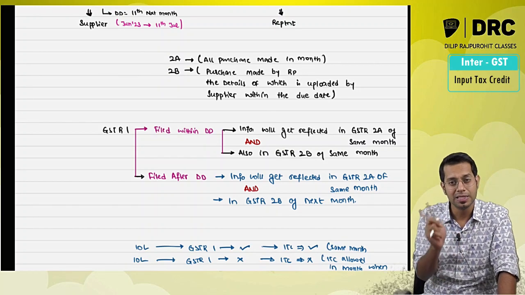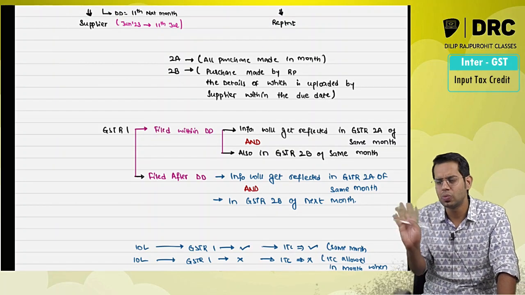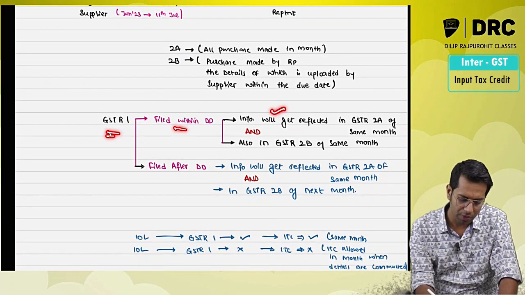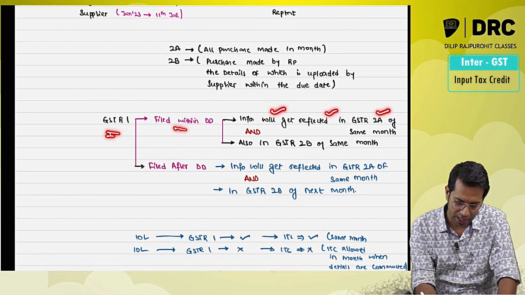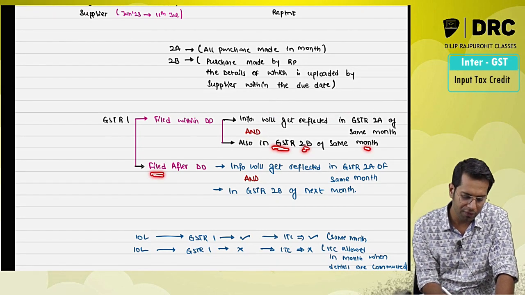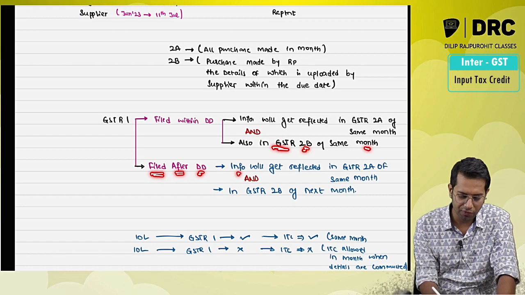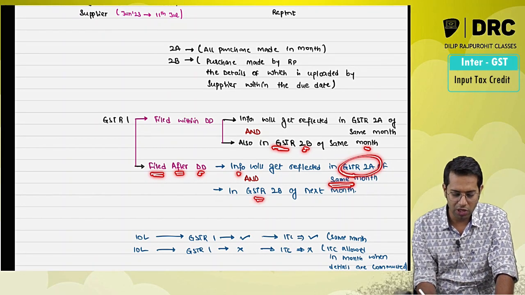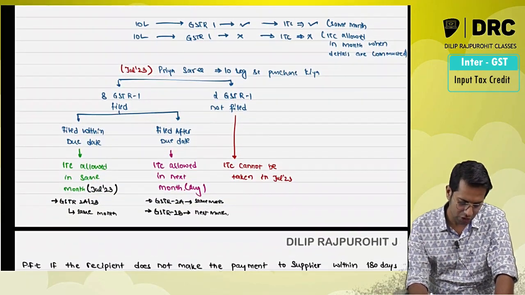So if it is filed after the due date, it will come in next month's 2B. So if GSTR1 is filed within the due date, information will get reflected in GSTR2A and GSTR2B of the same month. But if GSTR1 is filed after the due date, information will get reflected in GSTR2A of the same month and GSTR2B of the next month.